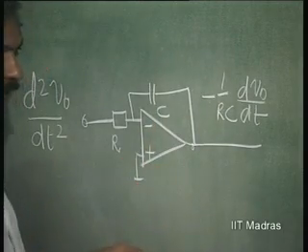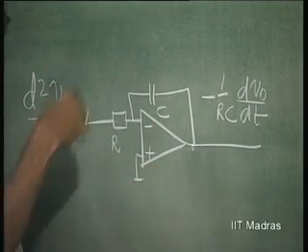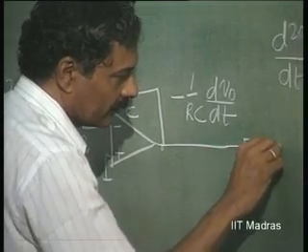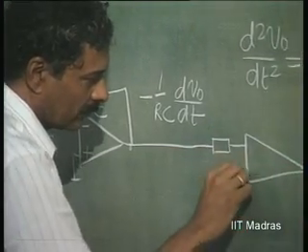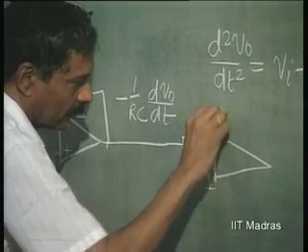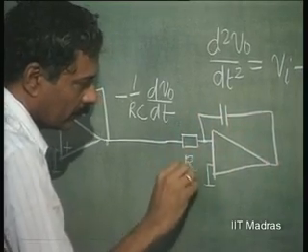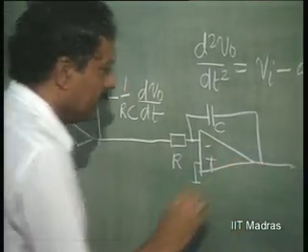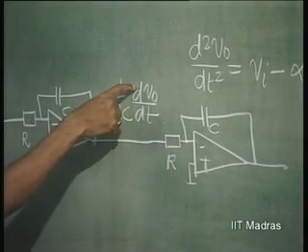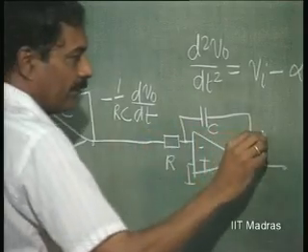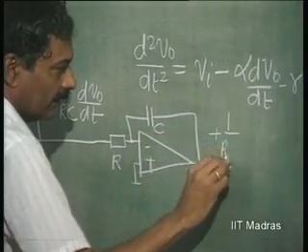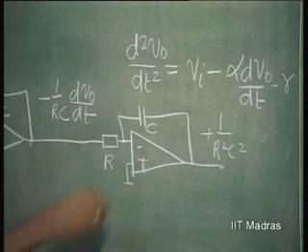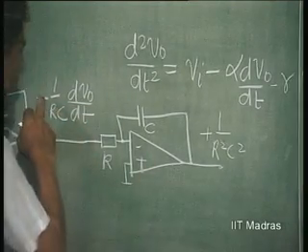Now, using this, if I once again integrate, I can get V naught. So, I put another integrator. At the output of this is going to be integrated again, plus 1 over R squared C squared, because this R C comes into the picture, integration of dV naught by dt, and the sign becomes plus.